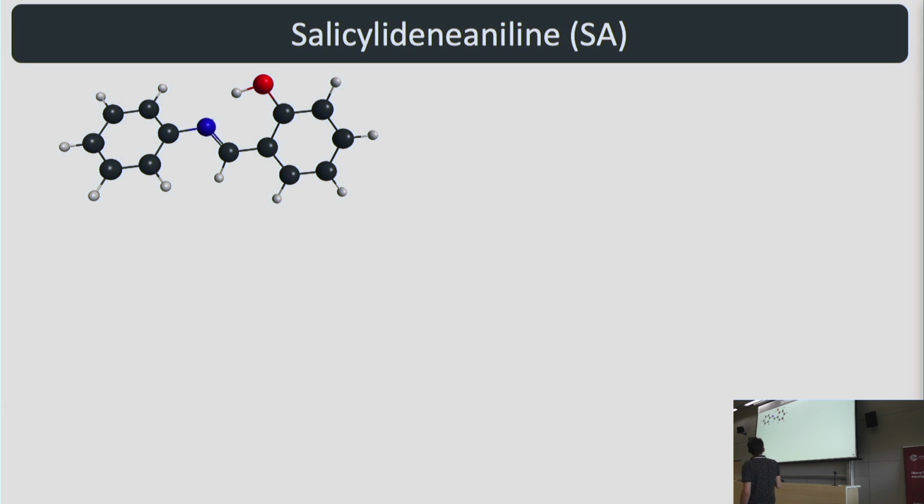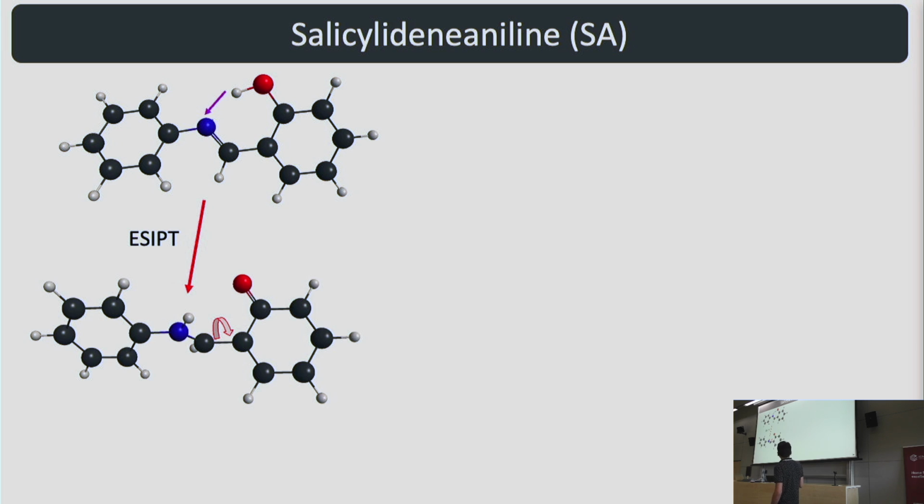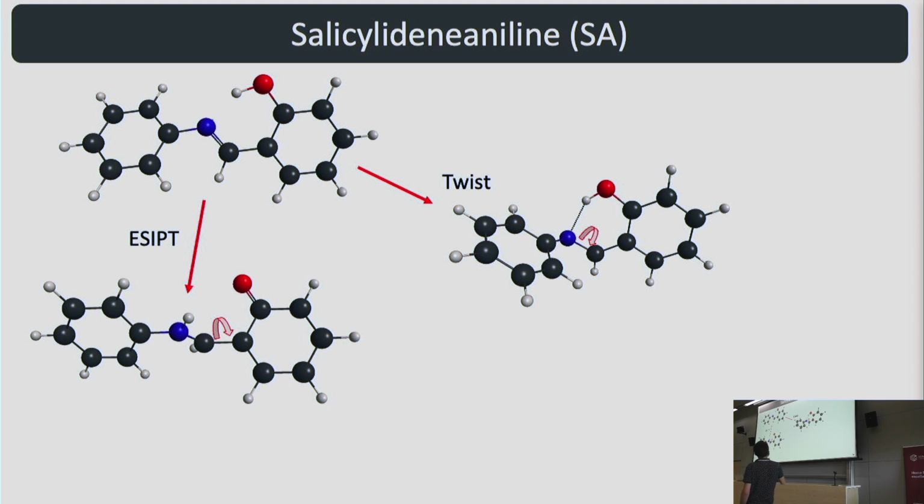What happens in the system is that you go from the ground electronic state to the first excited state, and the hydrogen will jump here, and then the whole molecule will twist, or it will twist before the hydrogen has the opportunity to jump. So we either have this twist immediately, or we have this excited state intramolecular proton transfer, and afterwards it twists. And the question is, what happens?